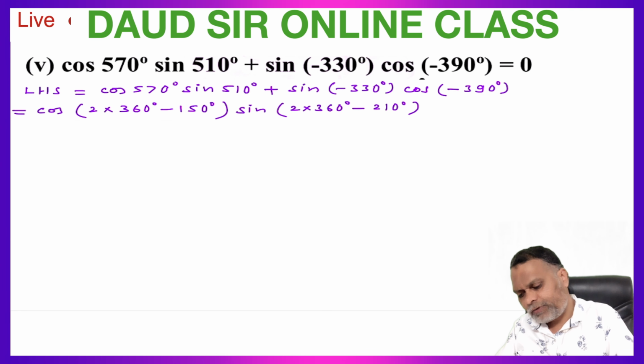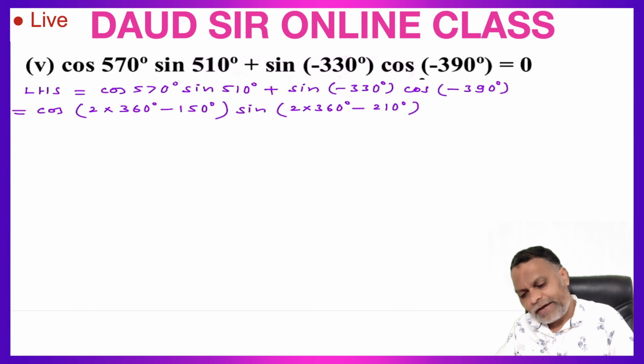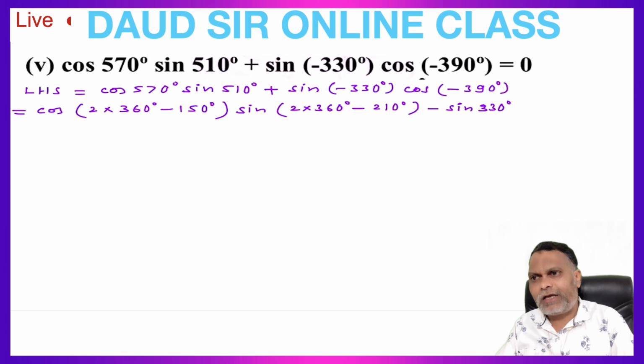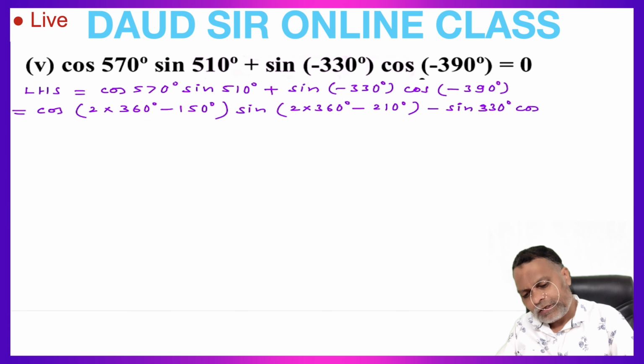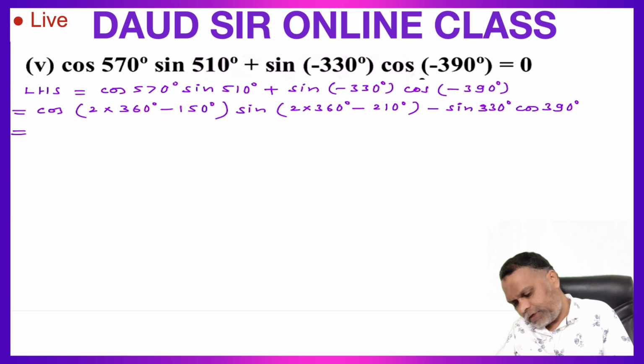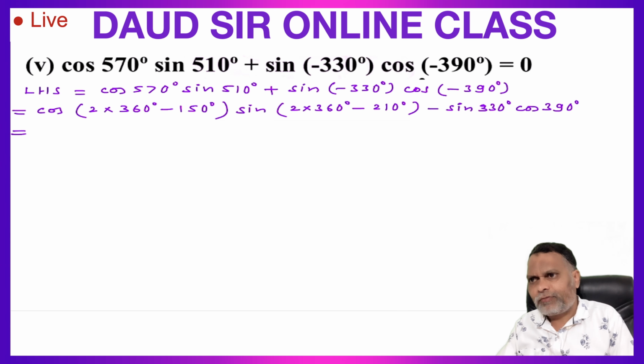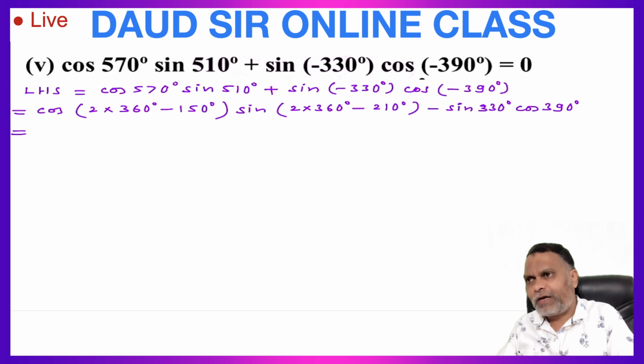Fourth quadrant cos is positive, so this is sin, so minus sin 330° into cos(-theta) lies in fourth quadrant. In fourth quadrant cos is positive, this is cos, so cos 390° positive, which is equal to n into 360 minus theta. This 2 is the number of rotation. 360 minus theta lies in fourth quadrant.